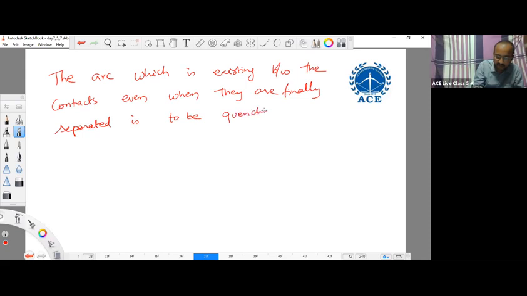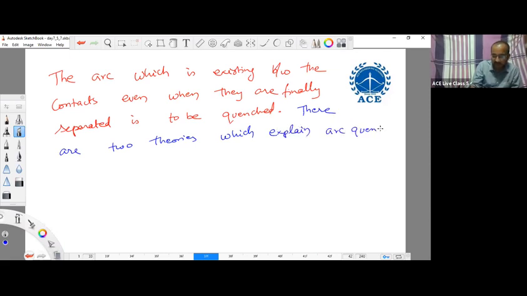So how do you analyze this? There are two theories which explain the arc quenching process. So what are those two theories which explain arc quenching process?